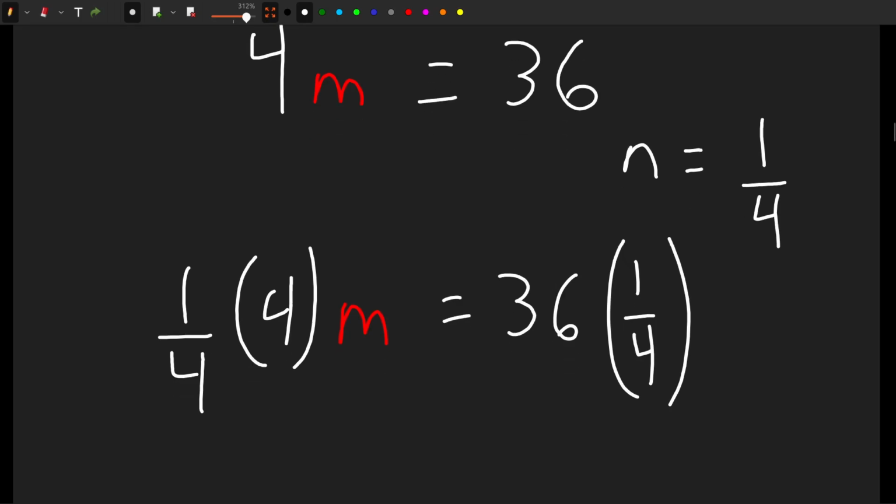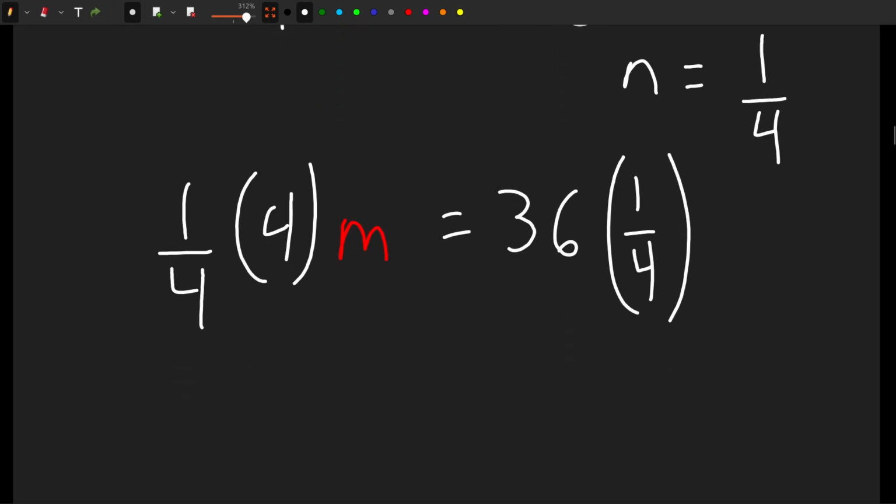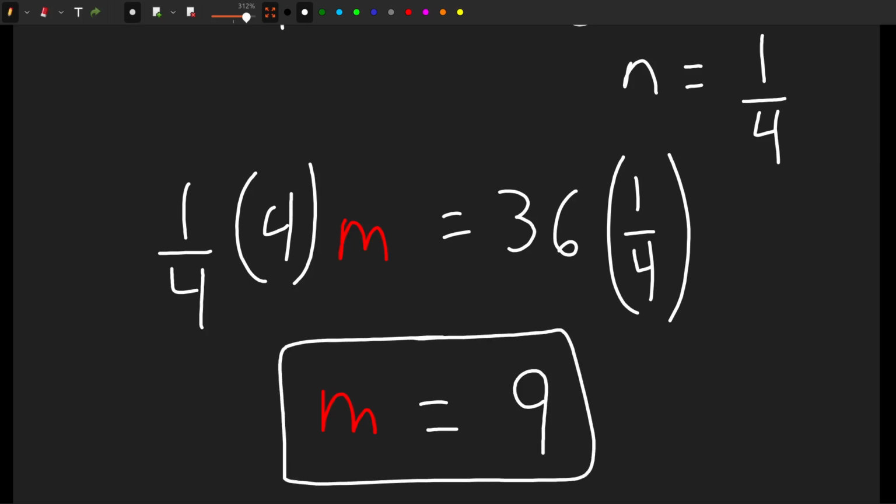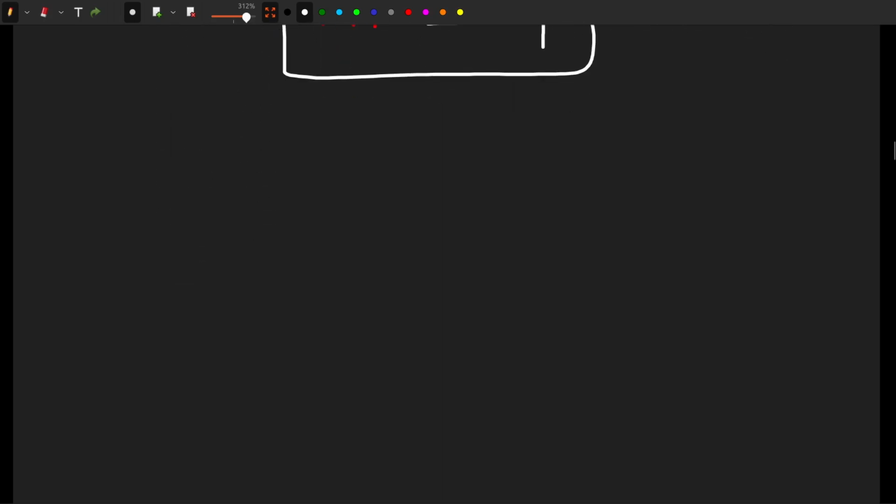On the left-hand side, 1/4 times 4 is just 1, so I just get m on one side. On the other side, 36 times 1/4 is 9. And that's my answer. So that's using the multiplication property of equality. If we multiply one side by a number n, we can multiply the other side by the number n, and we're still equal. We're not changing our equality. We can do that legally in terms of math.